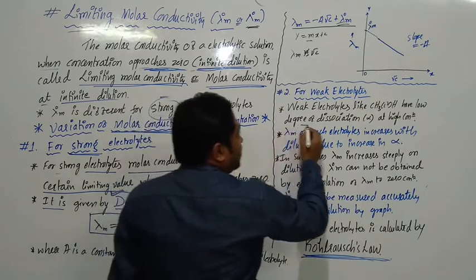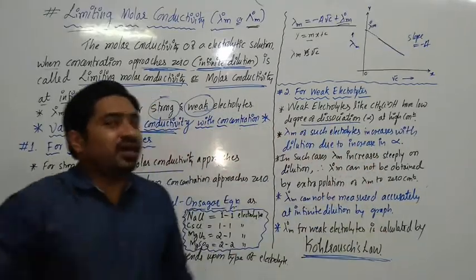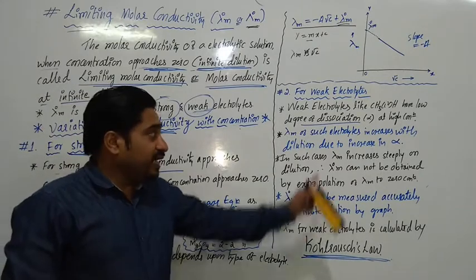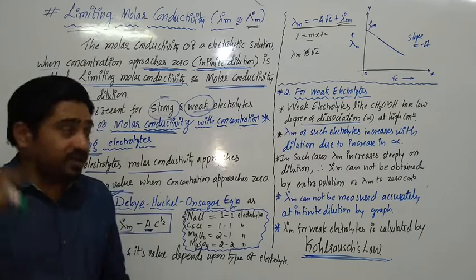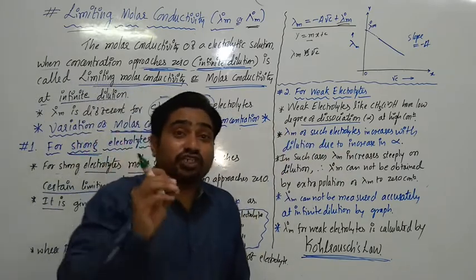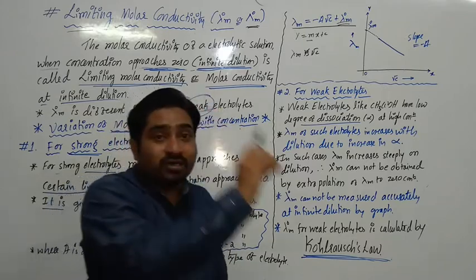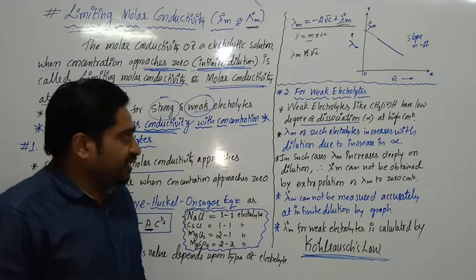Weak electrolytes like acetic acid have a low degree of dissociation. The degree of dissociation is given by alpha, which we have learned about in the topic of equilibrium. Do you remember? Degree of dissociation is the fraction of molecules which have undergone dissociation in water or aqueous solution.